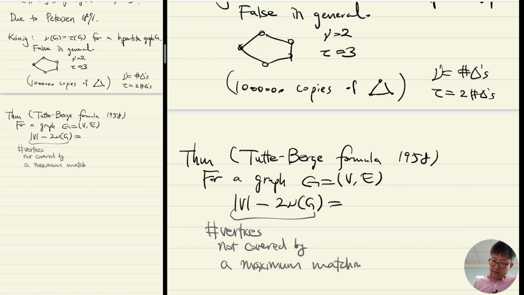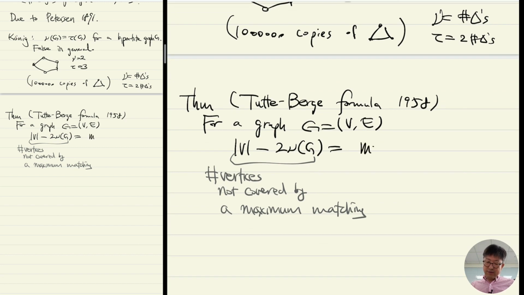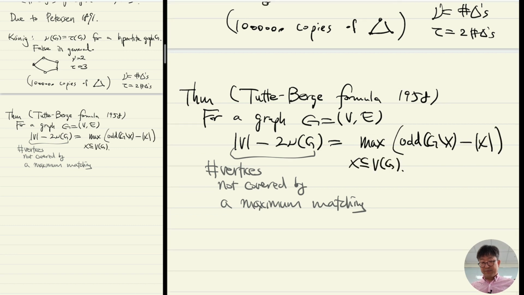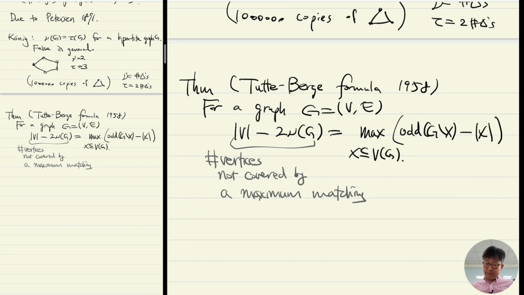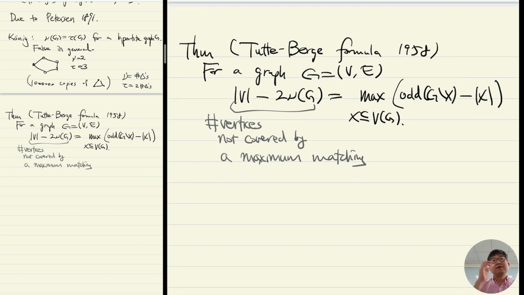right? In other words, if you have, let's say, a graph for people and you want to find a matching, and these are the people who are not matched by the matching, those are the people who are single, right? And this is equal to the maximum gap between the number of odd components minus the size of X. So that's the theorem.